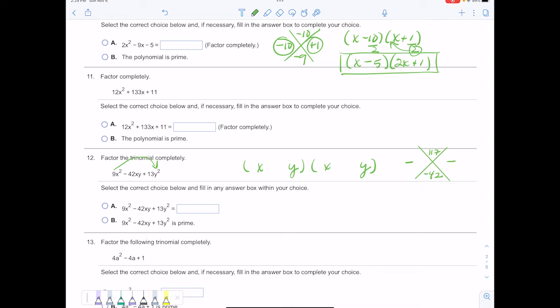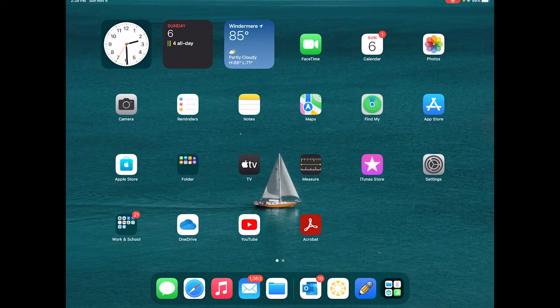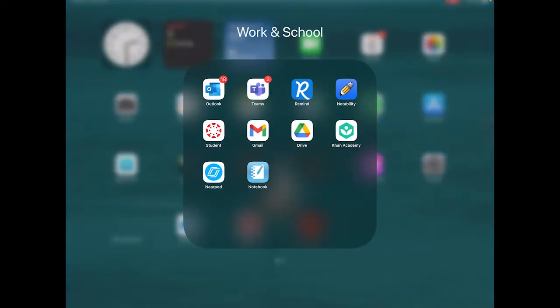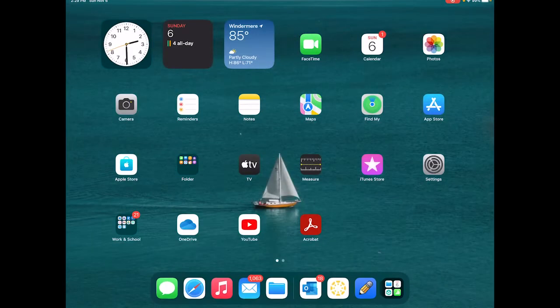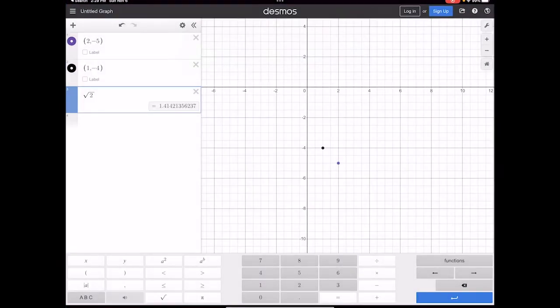Okay, so now we're going to try. So 117, right? We're going to start with the number 3 and see if 117 divided by 3 gives us a number that will give us 42 when we subtract. So let's see. 117 divided by 3 gives us 39, and we can get a 42 from a 3 and 39.